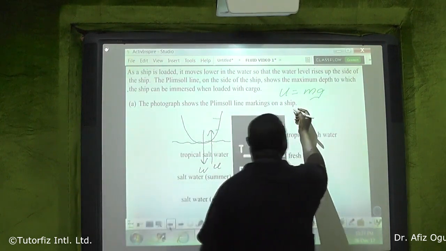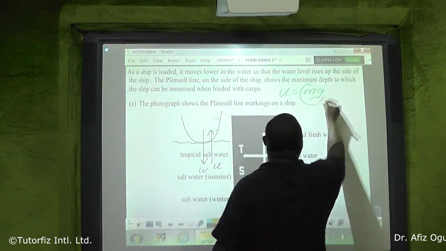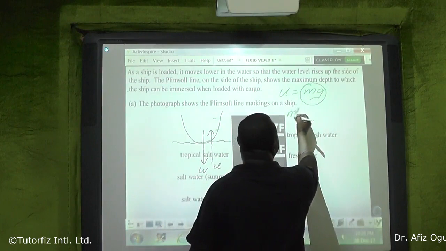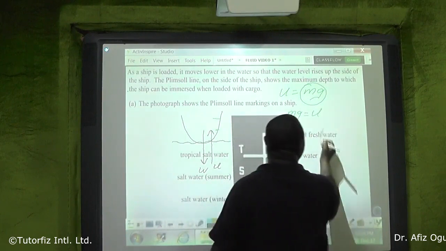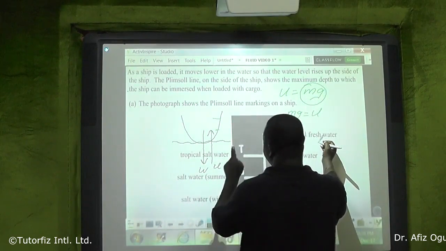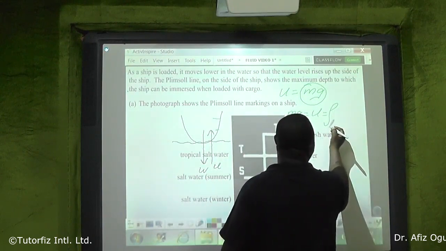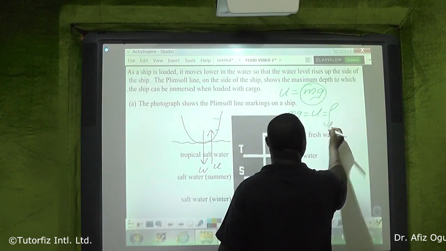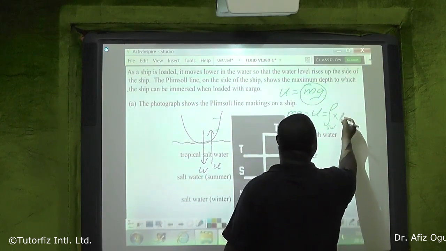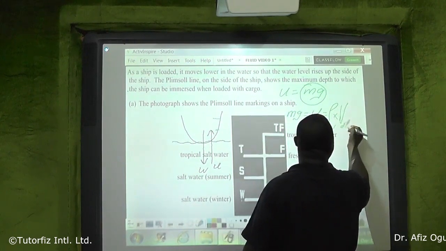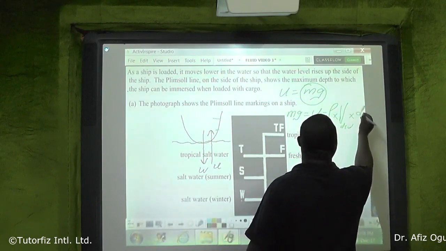So that means upthrust must be equal to mg, and mg is constant. So mg equals the upthrust in salt water, which is equal to the density of salt water multiplied by the volume of displaced salt water times g.